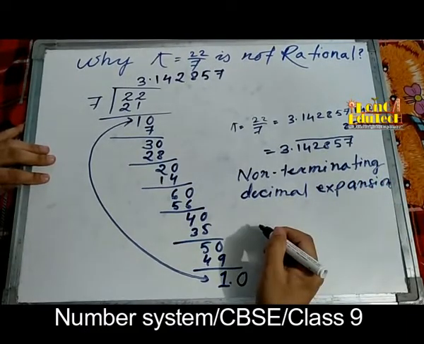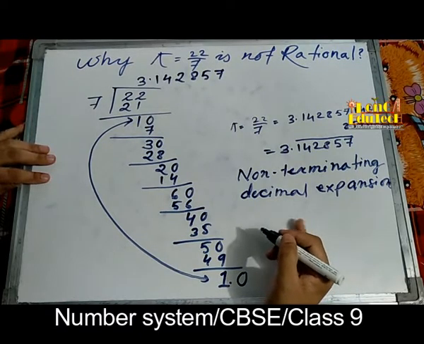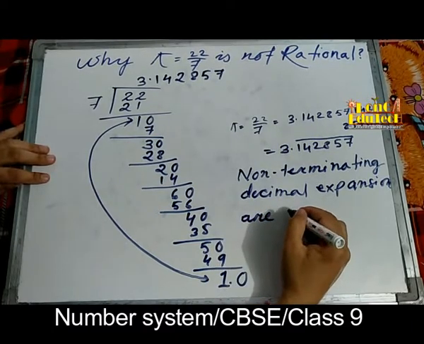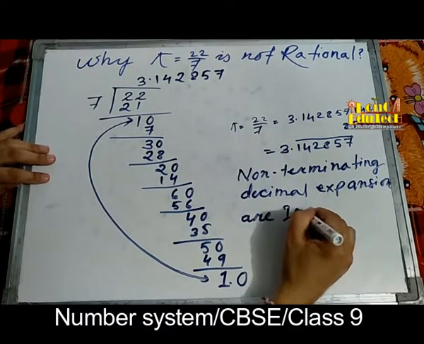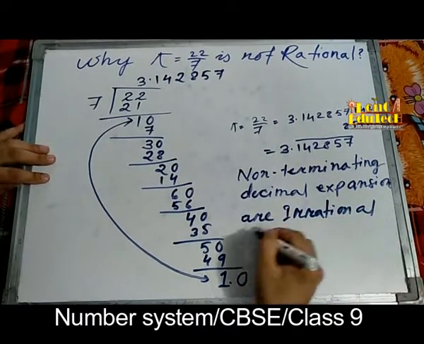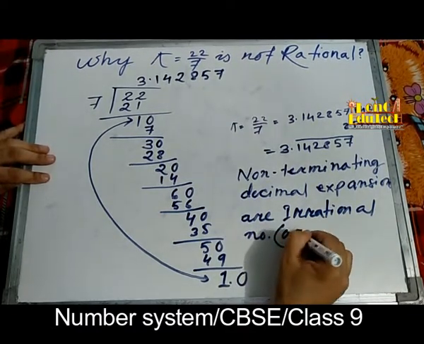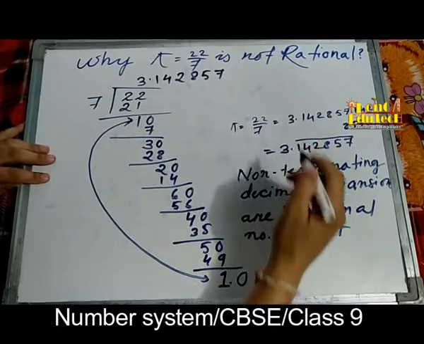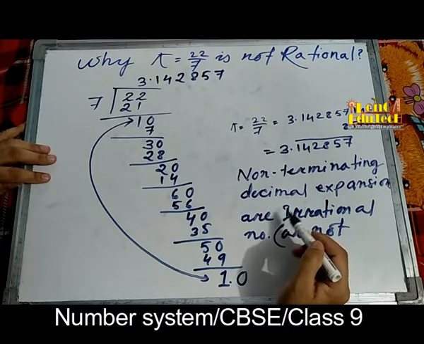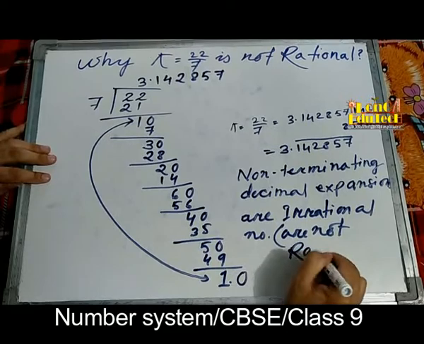We have to note that such non-terminating decimal expansions are irrational, or we can say they are not rational. Why is pi not rational? Because we get a non-terminating decimal expansion. That's why it is not a rational number.